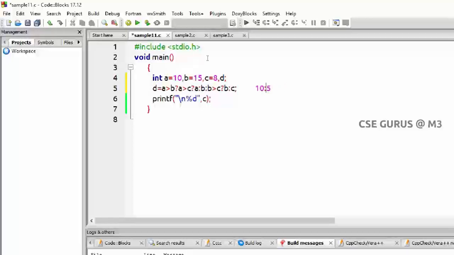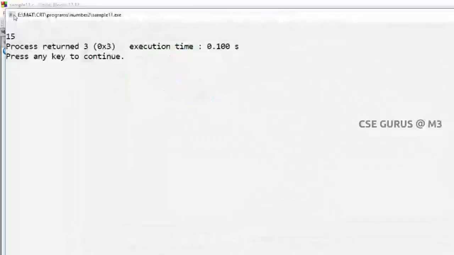Now it will be asked, what is A greater than B? 10 greater than 15, is it true? No. If it is true, first value 10; if it is not, the second value 15 will be taken. So now the answer is 15, right? So what is the D value? 15 will be printed. So you can see the output, 15.